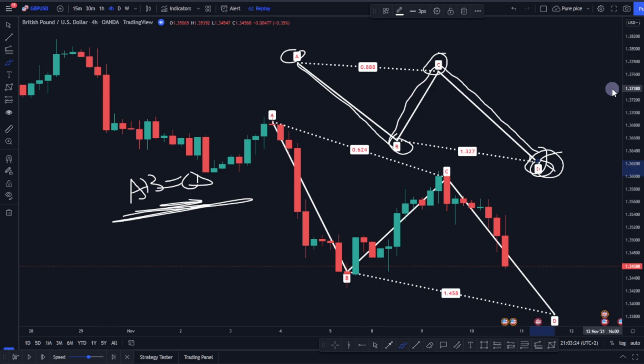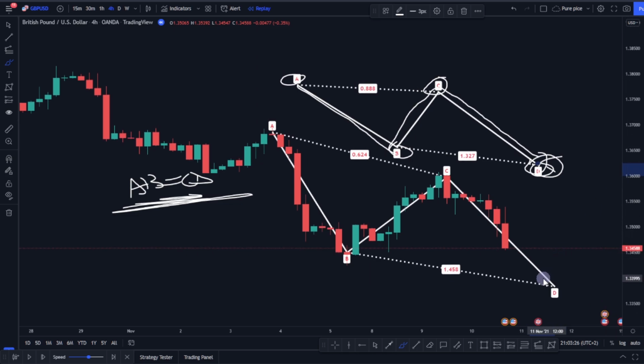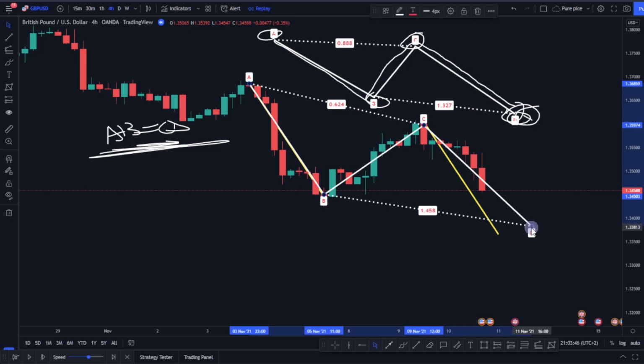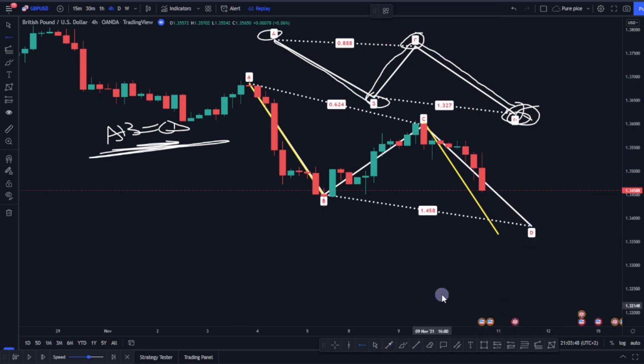One basic approach that you can use to figure out where D is, is to figure out the length of AB. For example, I'm going to place a trend line there like that, so that I will know the length, and then duplicate the trend line and drag it and place it somewhere right there. So I know that my D point is going to be at this level where my trend line is.